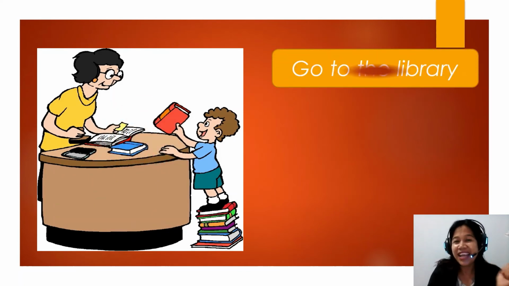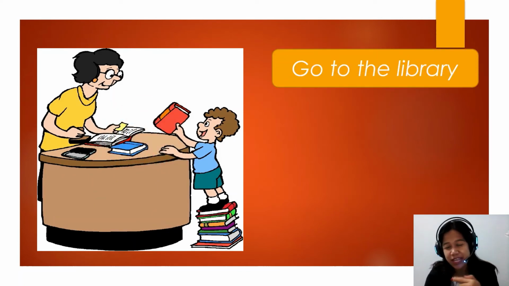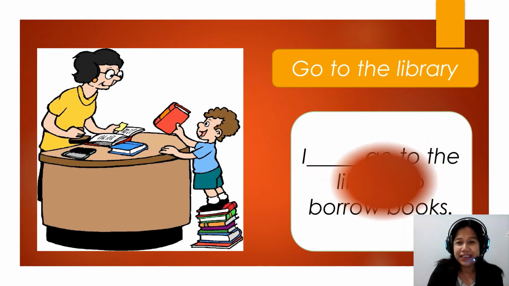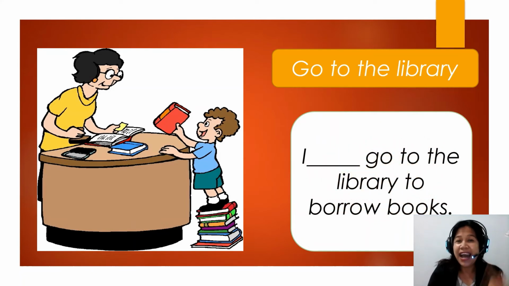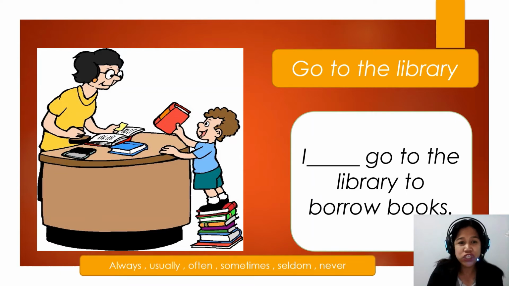The action is go to the library. Now, the question would be, how often do you go to the library? The sentence would be, I go to the library to borrow books. You choose from always, usually, often, sometimes, seldom, or never.